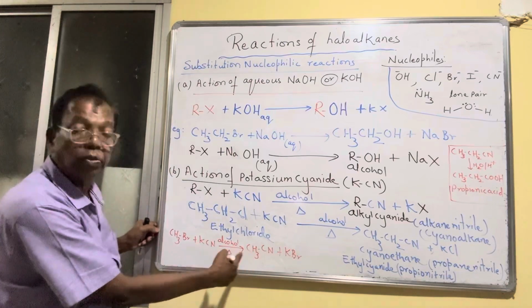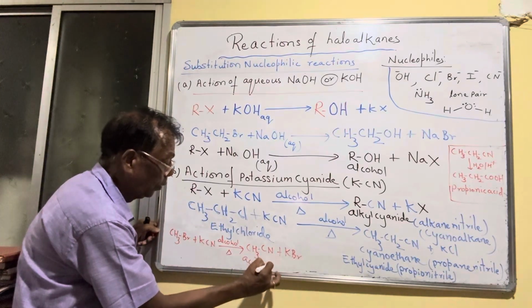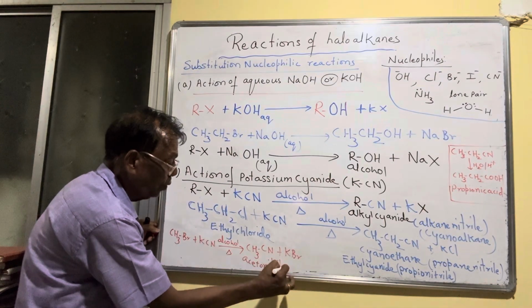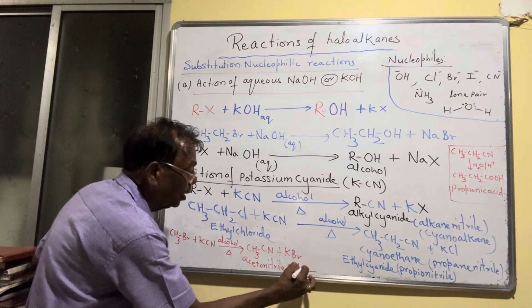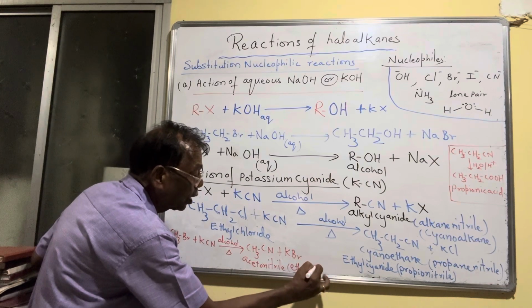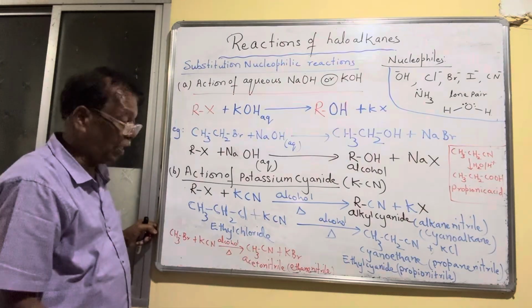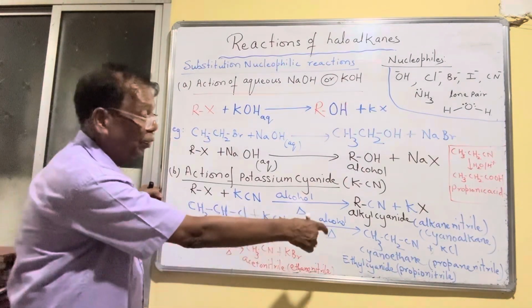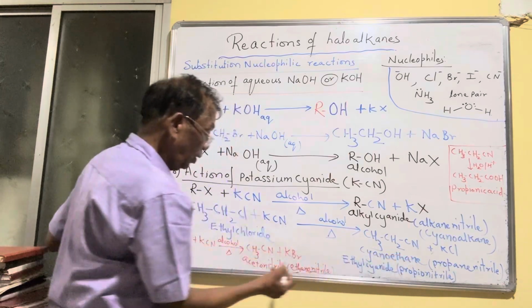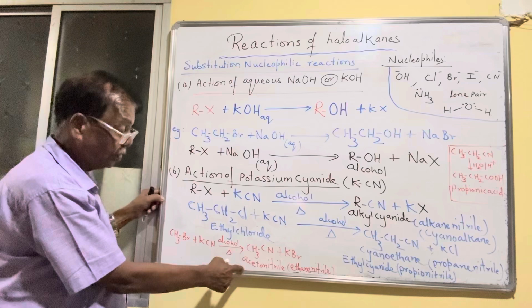Now this is called acetonitrile. Of course, the other names will be ethane nitrile and cyanomethane. Now how did I get this acetonitrile?